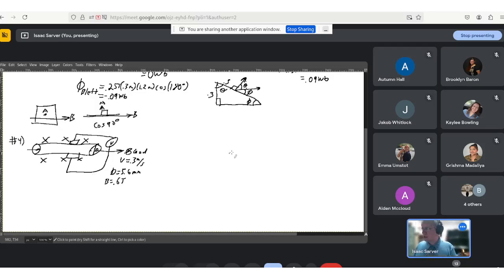Okay. So, this is a case of using our motional EMF, which is equal to vBL.